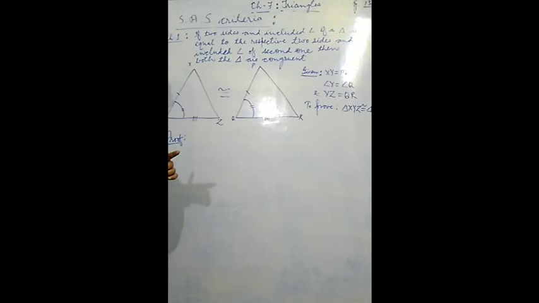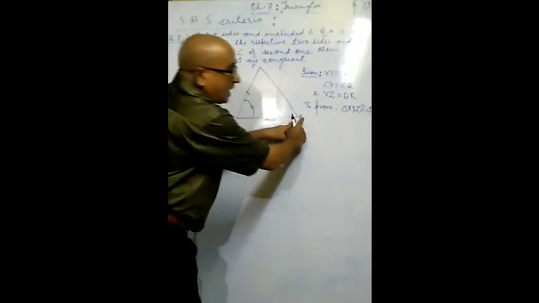What will be the second reasoning? Since YZ equals QR, therefore point Z will fall on point R. This one is the second reasoning.